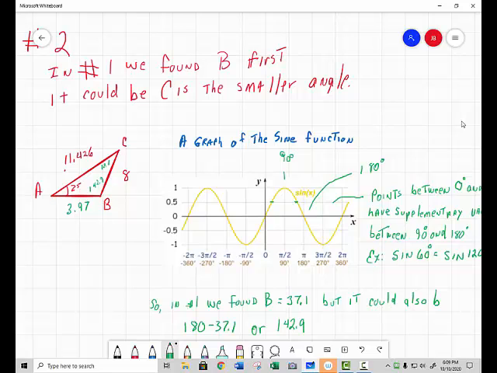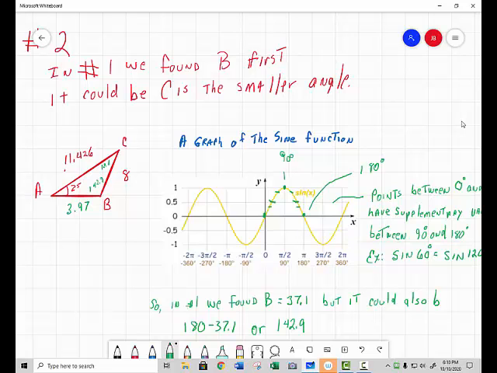At 180 degrees, it drops back to 0. Well, all along here, there are matching points where the sine value is the same. Any of these points that match up, they're supplements of each other. The points between 0 and 90 have supplementary values between 90 and 180.